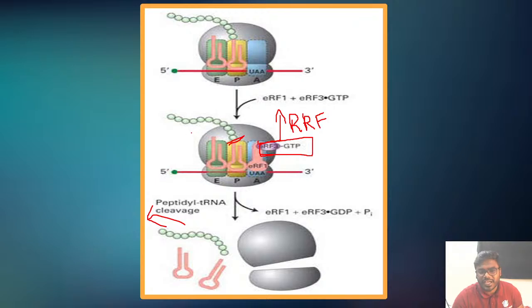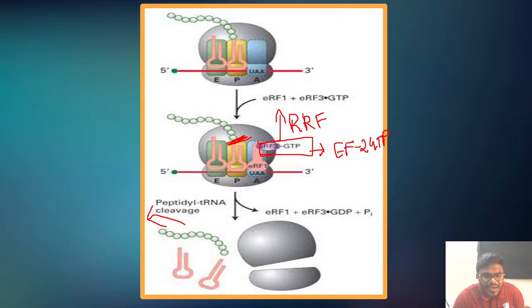Now every student has to listen to my words. This eRF3 GTP immediately recruits the EF2 GTP molecule. Now you have to recall why it is recruiting the EF2 GTP molecule. I have clearly mentioned that EF2 GTP is involved in translocation.